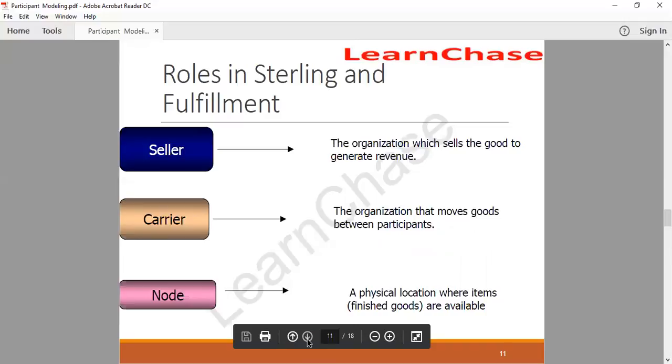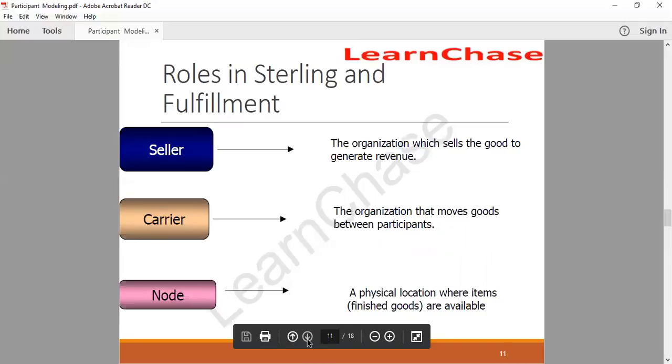So the same thing is now written in the Sterling language. In Sterling language, we have hub, which is the topmost level. We have the enterprise, which is the companies. We have the legal entity that belongs to the various things which you have seen: legal entity in India, legal entity in Europe, and so on. Then we have the buyer, we have the node, and we have the seller.